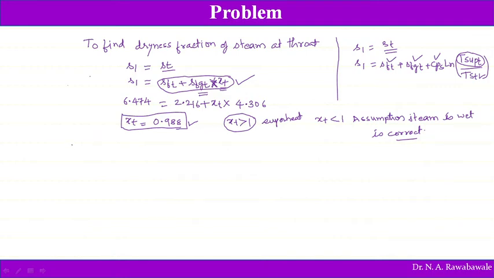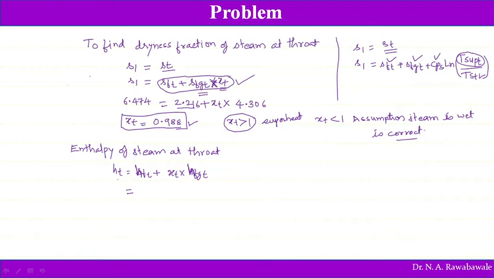Now, enthalpy of steam at throat, that is Ht, is given by Hft plus xt into Hfgt.